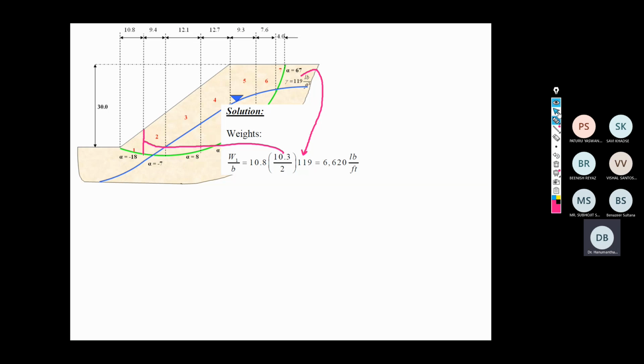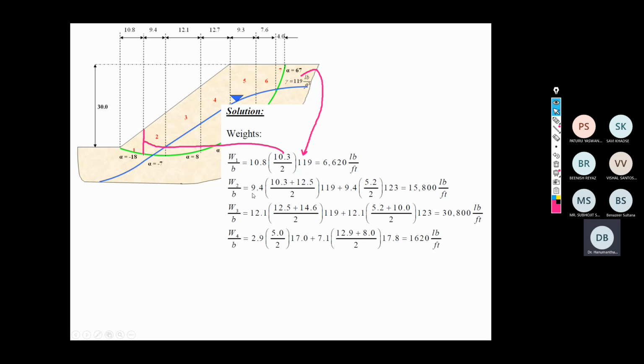Next, repeat for slice number 2. But for slice number 2, a small portion of the slice is below the water table, so that also needs to be accounted for. So 9.4 is the width. This is 10.3 on one side and 12.5 on the other side.